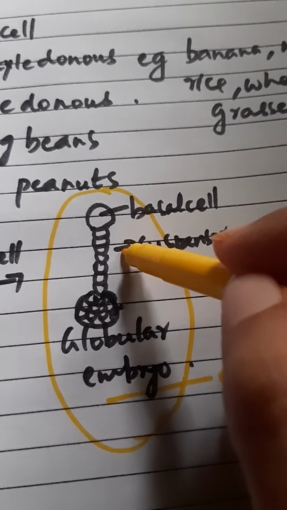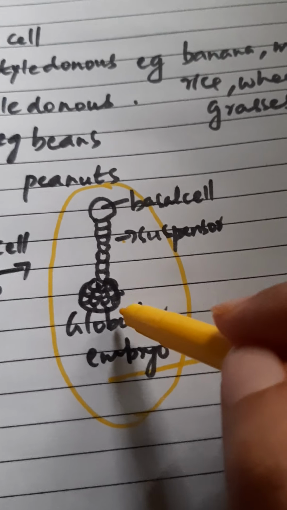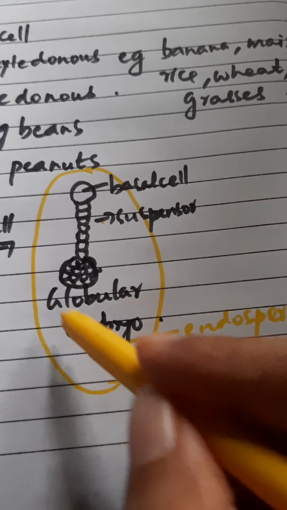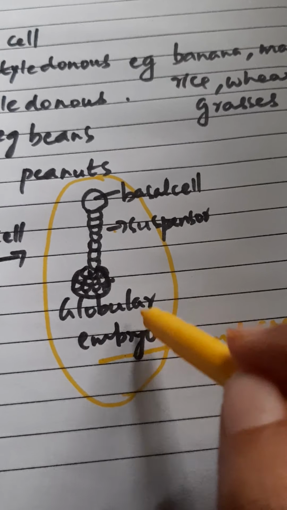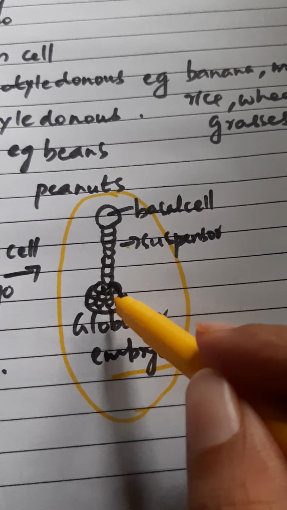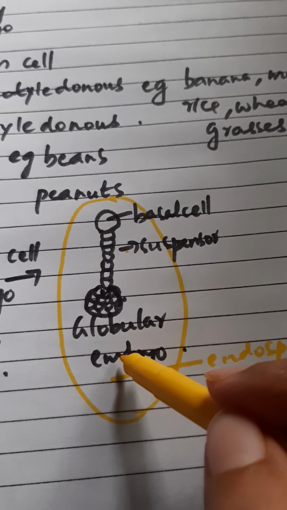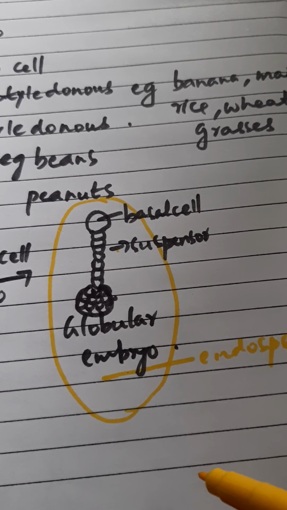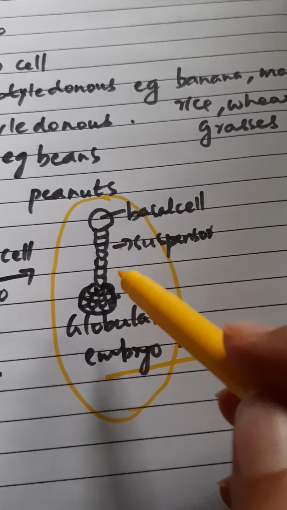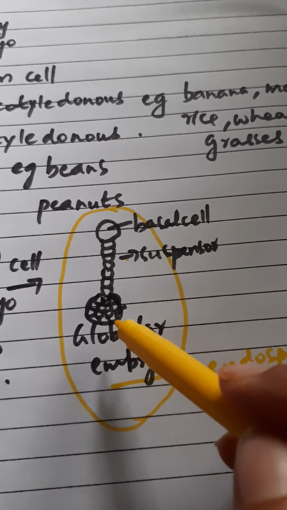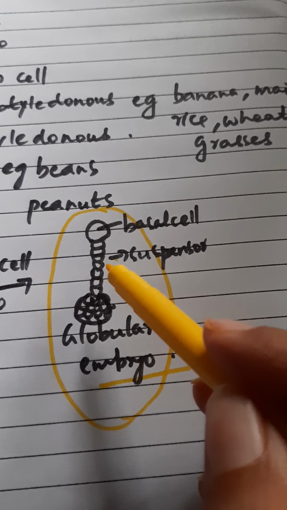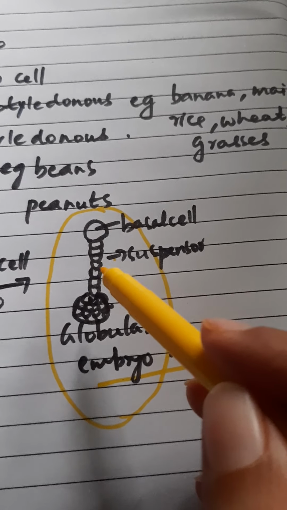So the suspensor cell's function is to push the embryo towards the surrounding endosperm tissue, so that the globular embryo can derive nourishment from it. So that is the role of suspensor cells. But as the embryo starts developing, the suspensor cells size will also reduce and it will get dry.